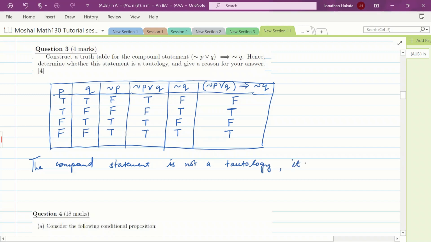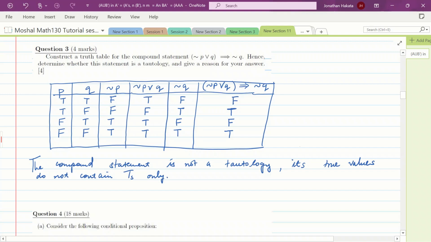Why? Its truth values do not contain truths only.